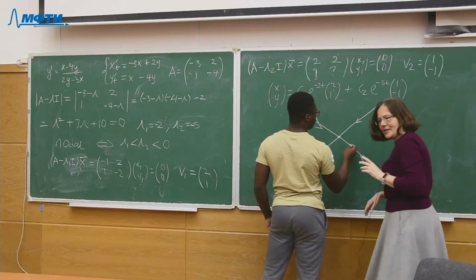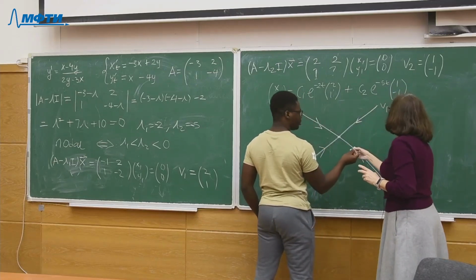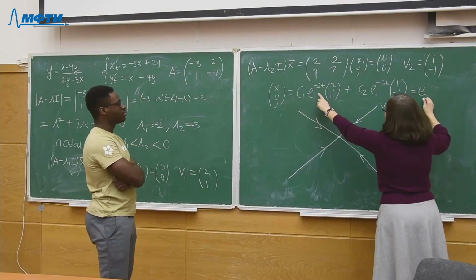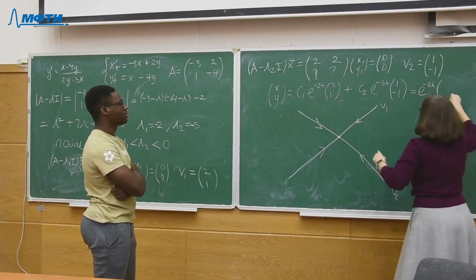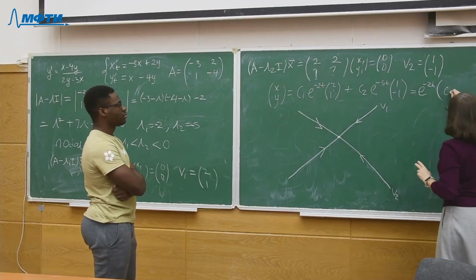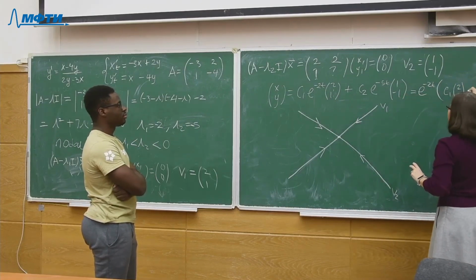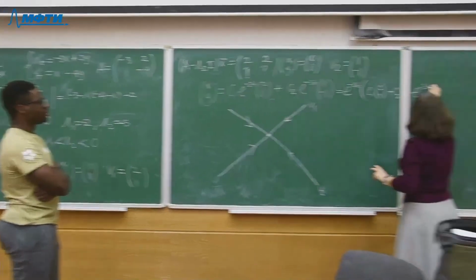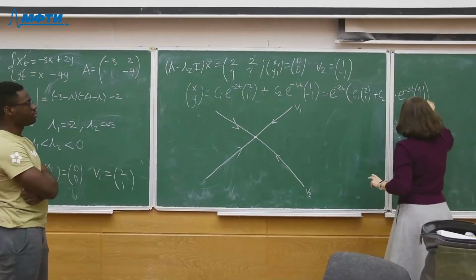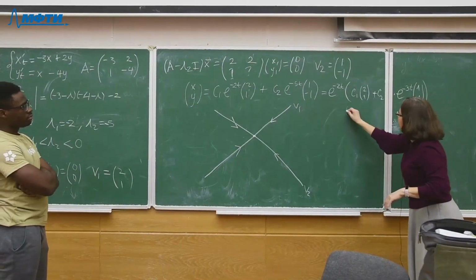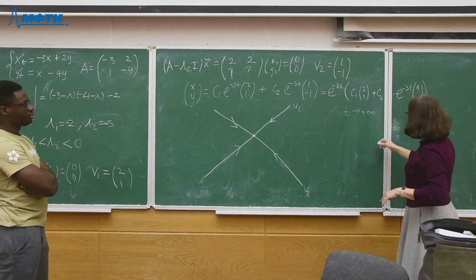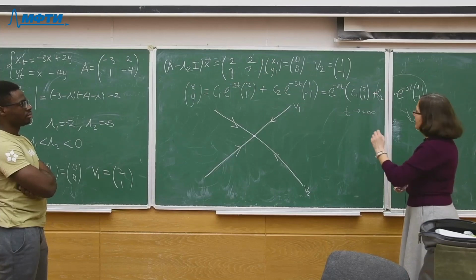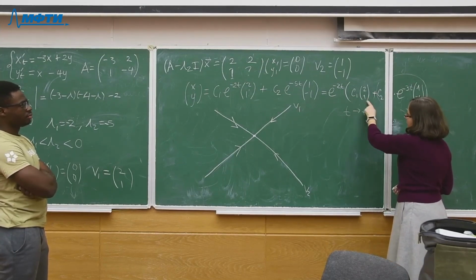But when I made the analysis, I did the following. To prove that this is dominant, we can rewrite the solution in the form C1 e^(-2t) times (2, 1) plus C2 e^(-3t) times (1, -1). Here we see that as t approaches positive infinity, the second term approaches a zero vector. Our solution approaches the line determined by (2, 1).